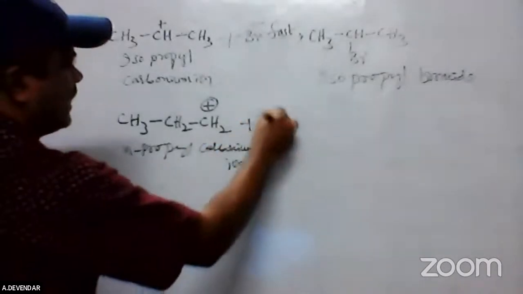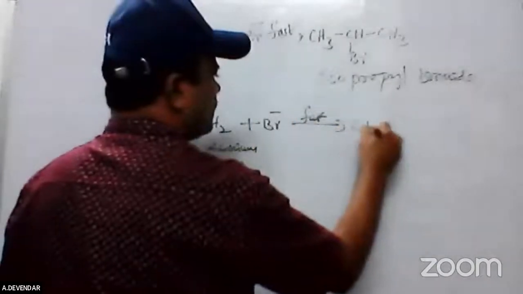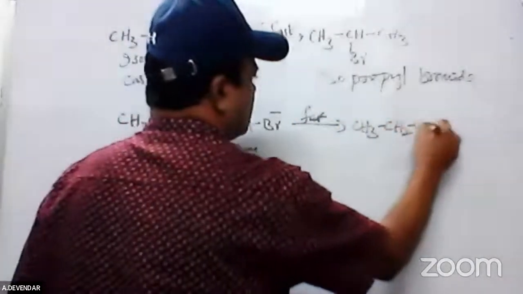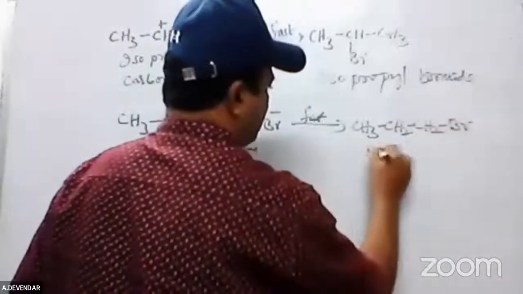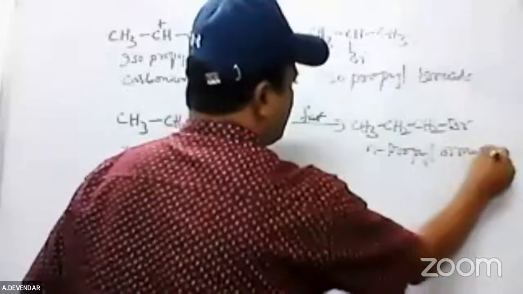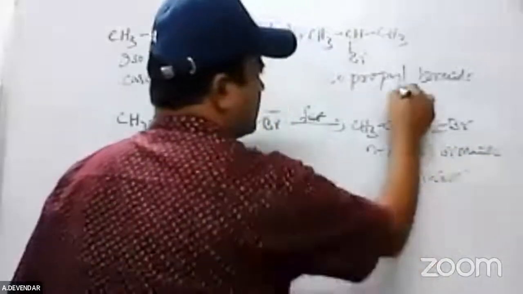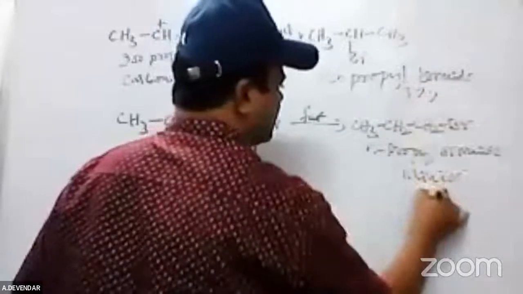The negative part of the addendum reacts in the fast reaction, forming N-propyl bromide, which is obtained as a minor product. You get 97% of the major product and 3% of this. This is the Markovnikov rule mechanism.